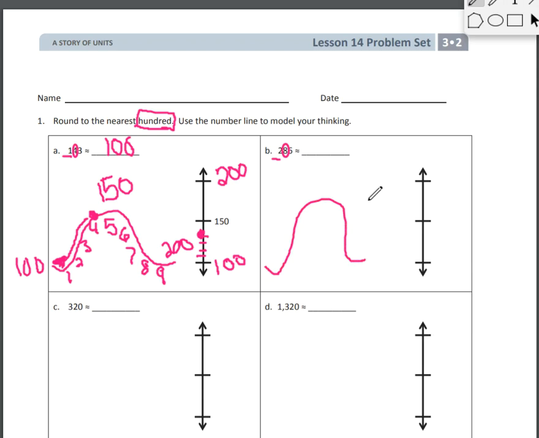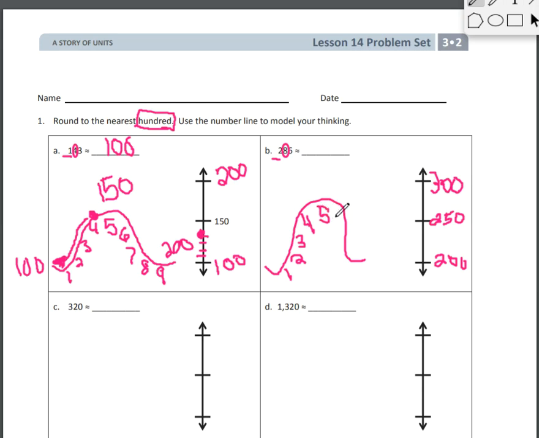All right, here's my hill. I always put my starting value right here, so this is 200. We're rounding to hundreds. This is 300. And this value would be 250. Again, if this middle value is confusing you, you do not have to round it that way. You can leave it off.